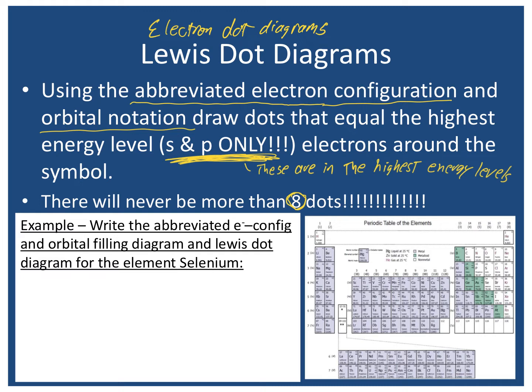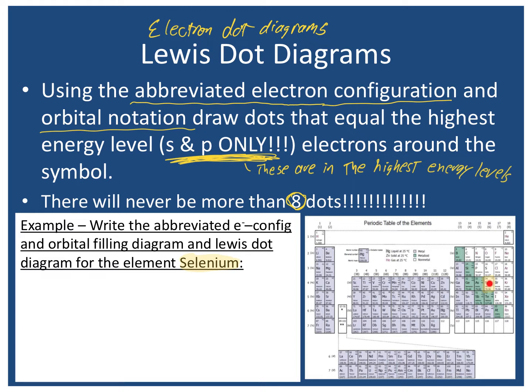So if I was trying to find selenium on the periodic table, selenium is right here, element 34. All right, it is right below sulfur and oxygen in group 16.